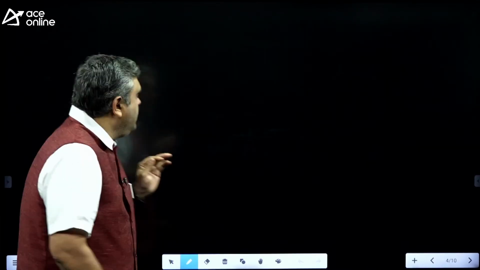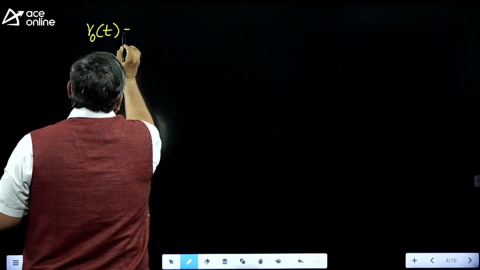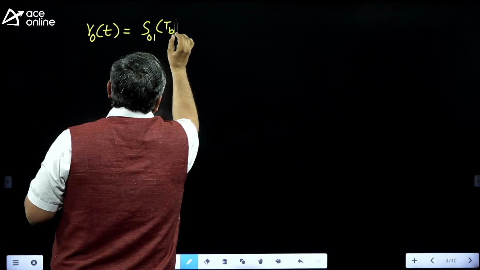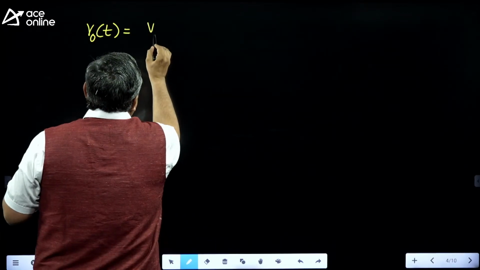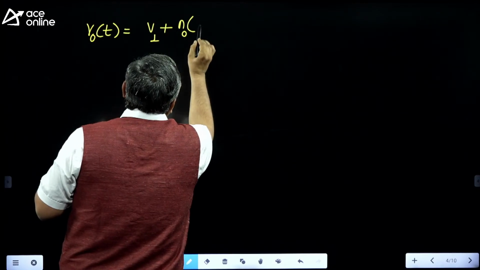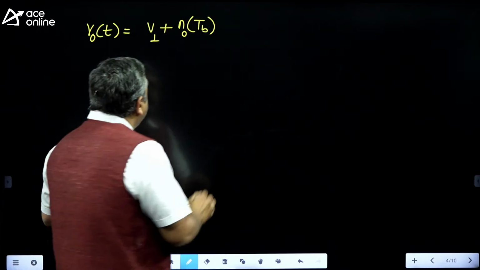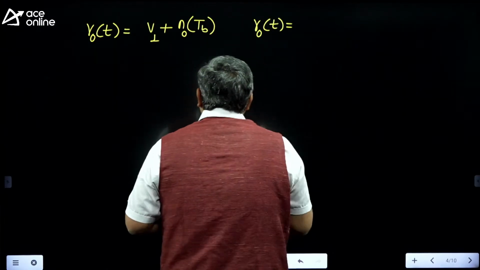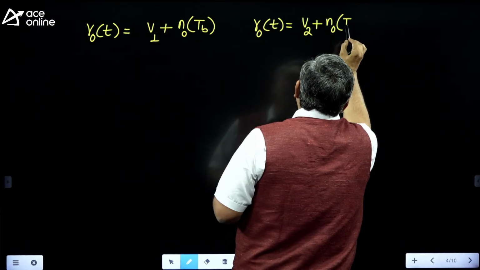Now your processed component R0 of t has either S01 of t at t equal to Tb, which we are writing as V1, plus the noise component N0 calculated at t equal to Tb. Similarly, the received voltage after getting processed, if it is bit 0, we are writing as V2 plus N0 of t at t equal to Tb.